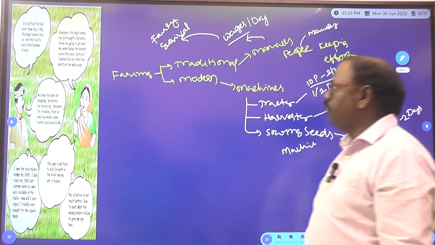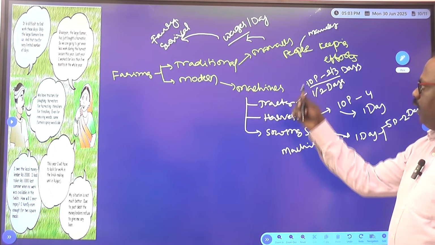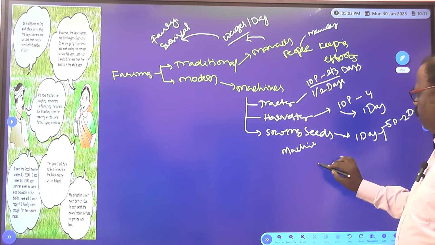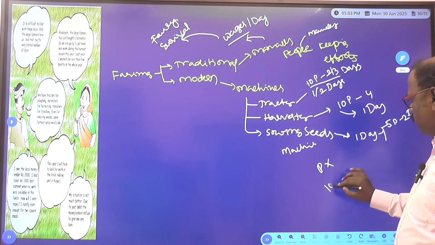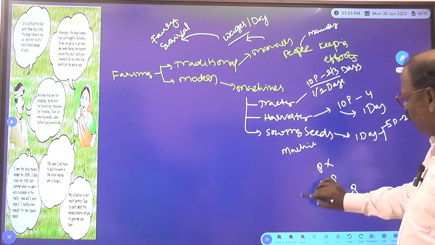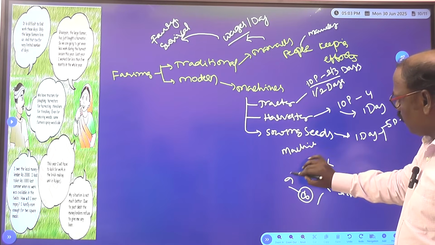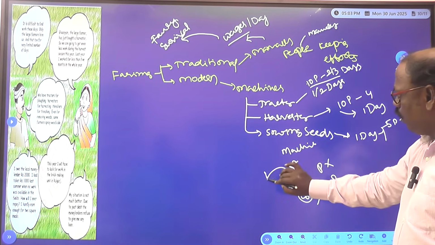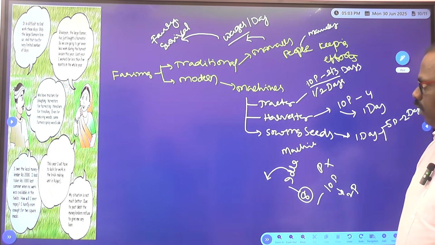Yes or no? I hope you guys are understanding. When the machines are there, people are not required that much. If 10 persons are there, only 2 persons are required. So the rest of the 8 persons are kept idle. Then how can they survive with their family?